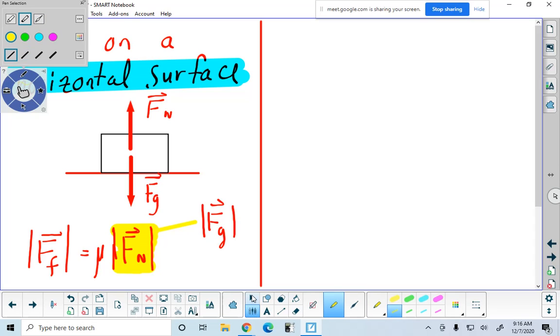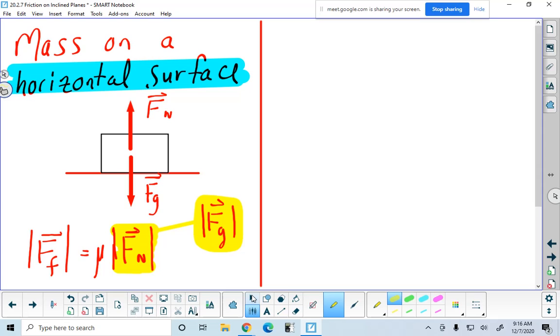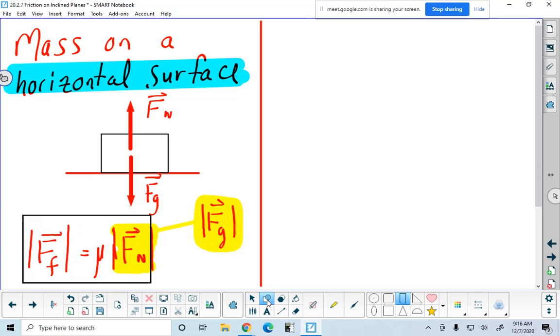This is a very important idea. This forms the basis for all force analyses when an object is on a horizontal surface. You use your formula for the force due to friction, but when you go to calculate the normal force, you calculate the gravitational force instead because they are equal in magnitude.